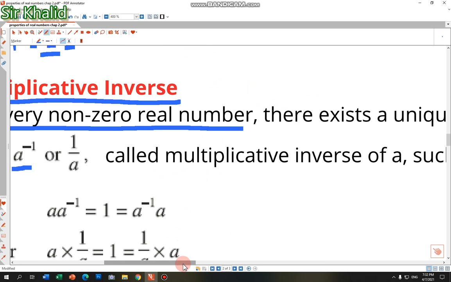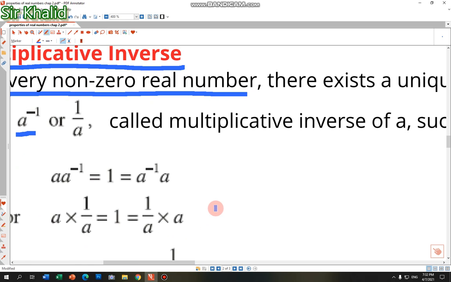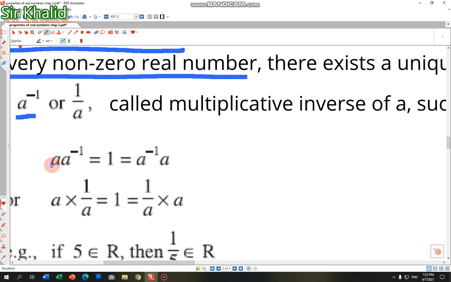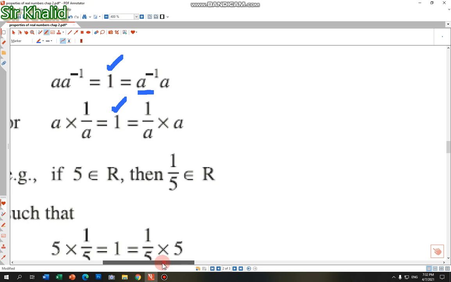This is called the multiplicative inverse of a, such that if I multiply a by a inverse, it will give you 1, which is the multiplicative identity. Or if I change the order and place a inverse in the beginning and then multiply by a, in both forms the answer will be 1, the multiplicative identity.